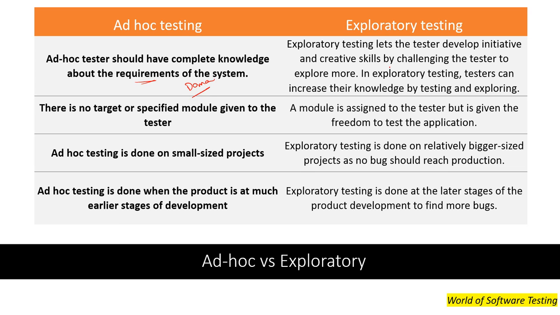Exploratory testing lets the tester develop initiative and creative skills by challenging the tester to explore more. In exploratory testing, testers can increase their knowledge by testing and exploring. So there is no mandate for prior knowledge of the requirements for exploratory testing. That can come up with the exploration of the application and then by testing it.